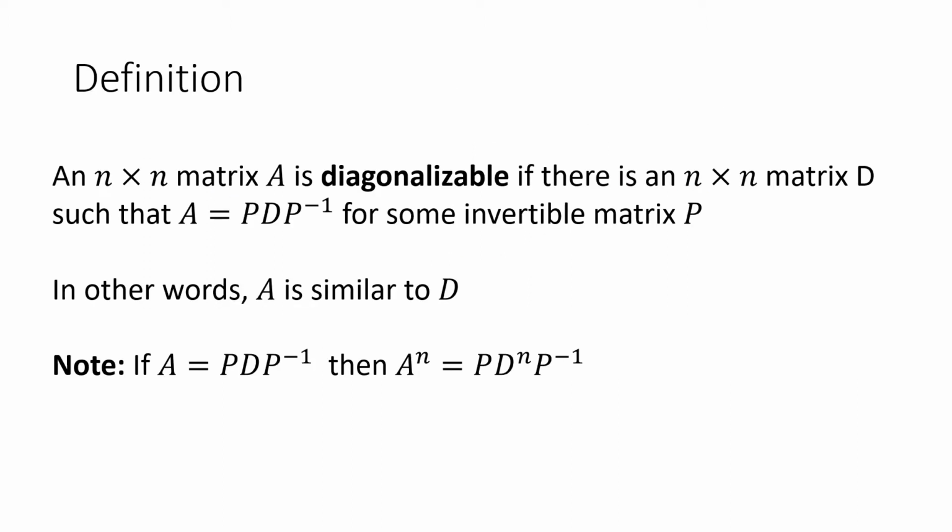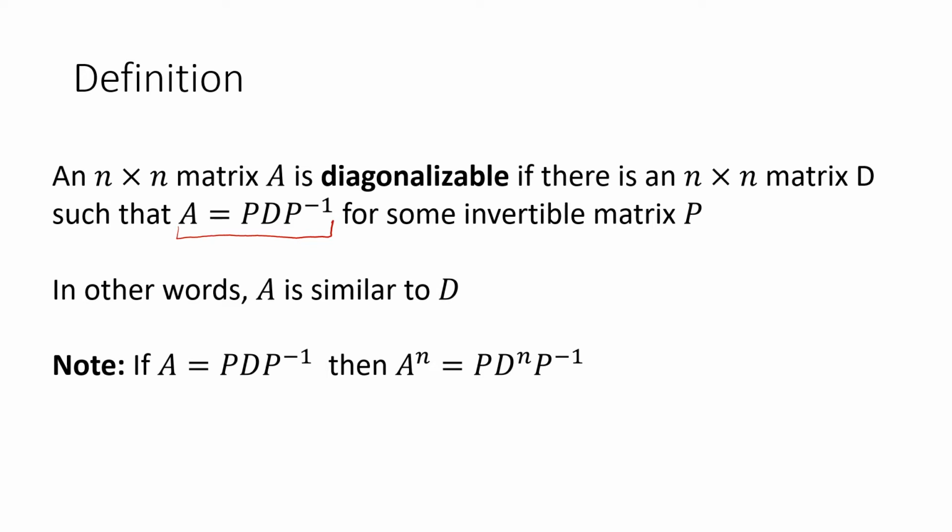So remember, we looked at similar matrices last time. A matrix is diagonalizable if it is similar to a diagonal matrix.